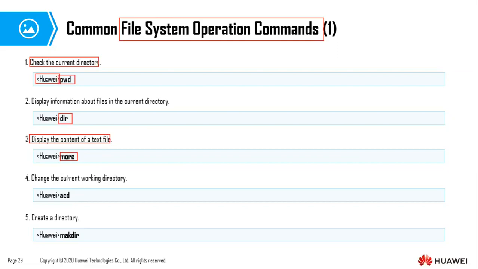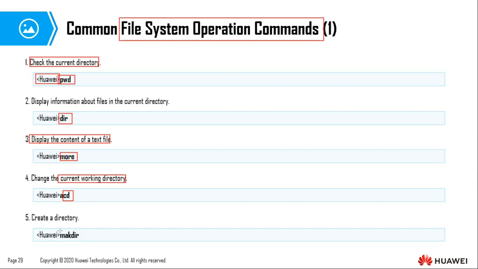If you want to change the current working directory to another directory, the command is cd. I think here there was a mistake; they entered A, but the command really is cd for change directory. So cd is used to move from one folder to another folder.